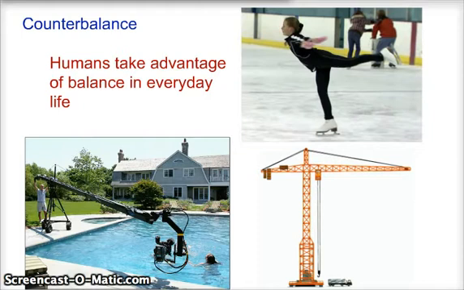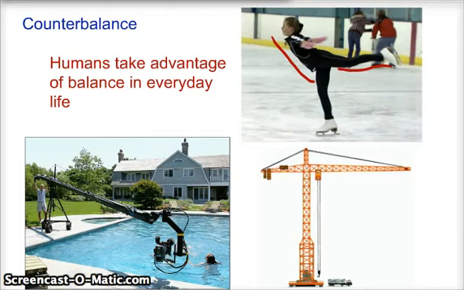And humans, of course, have figured out counterweights and counterbalances as well. Just a few examples here, a couple from your book as well. In the top right, we have a figure skater using their right leg as a counterbalance to their torso leaning forward.